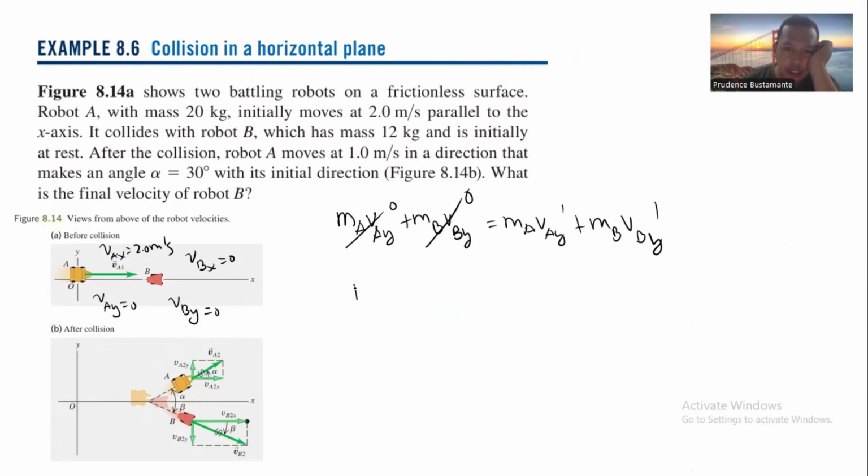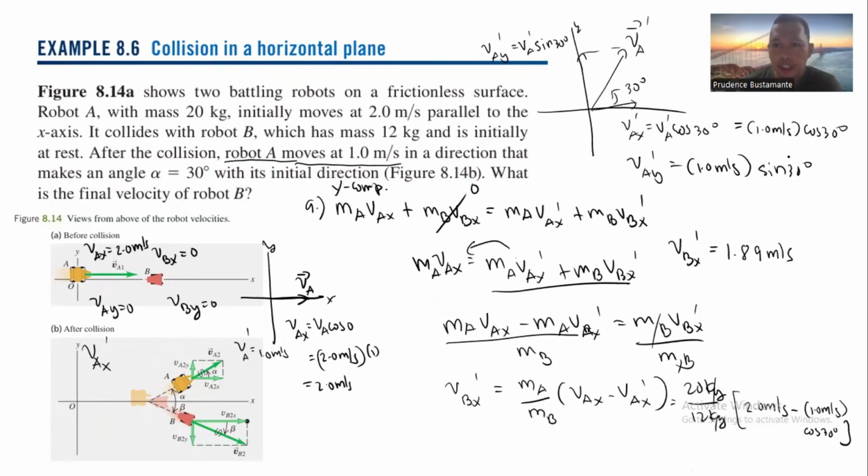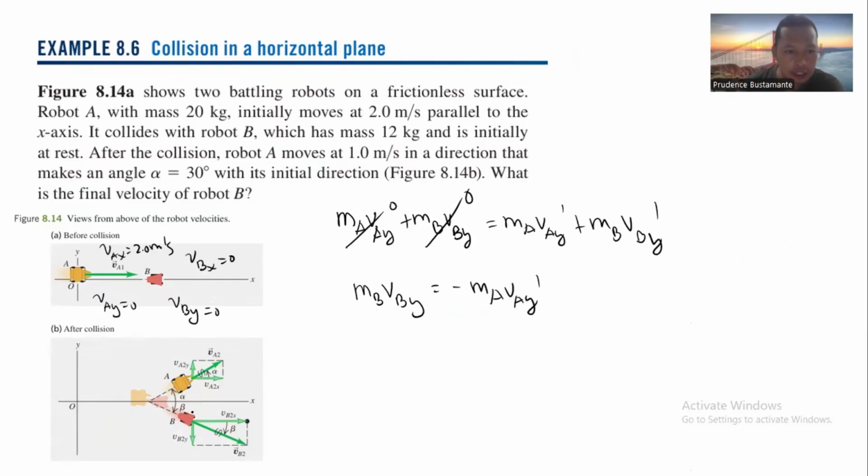So we can get MB VBY prime is equal to the negative of MA VAY prime. We calculated that VAY prime is just 1.0 sine 30 degrees.